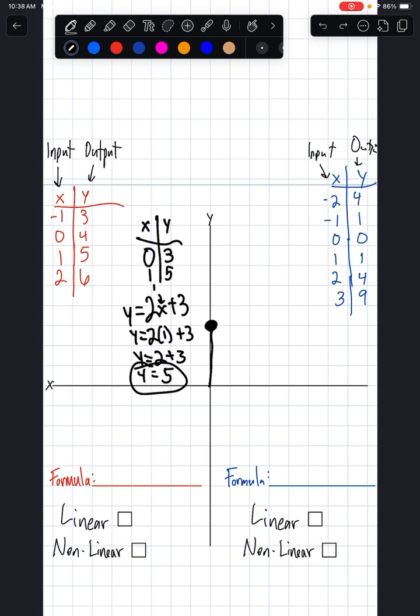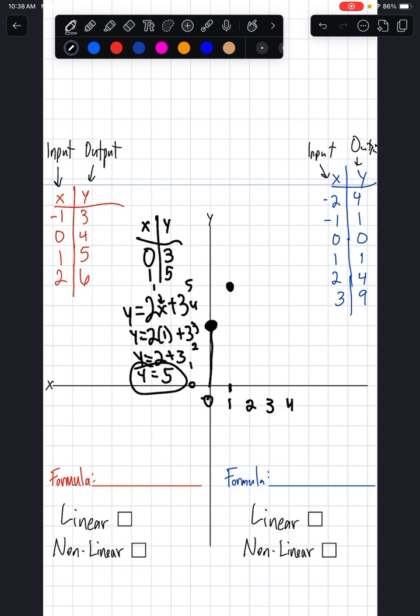We get 5 for y. So this is x: 0, 1, 2, 3, 4, right? And this is the y-axis: 5, 4, 3, 2, 1, 0. If we input 1, we get 5 for our y.